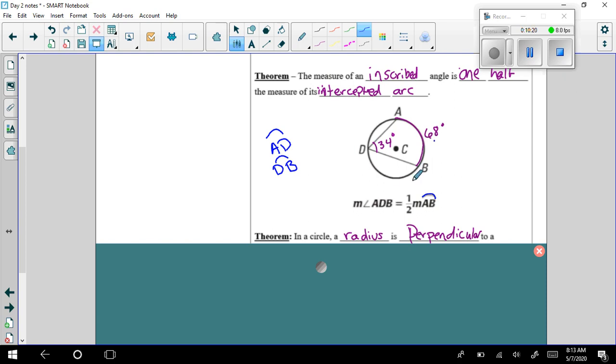They're less than 180 degrees. Major arcs you would need to name with 3 letters. So if you want to go from A to B but go the other way, then you would say ADB. So that's what's called a major arc. Otherwise, you always go the shortest path.